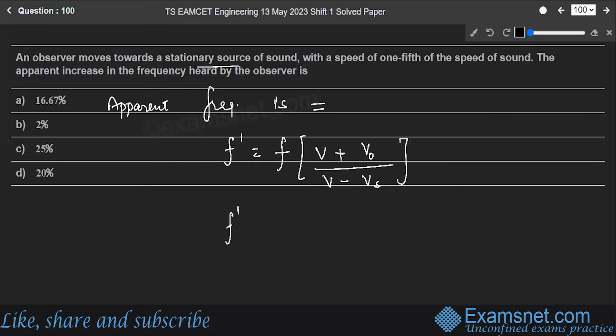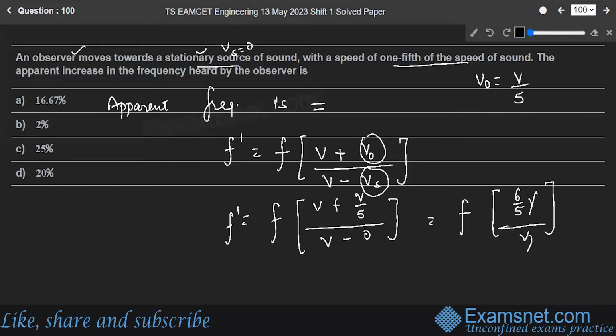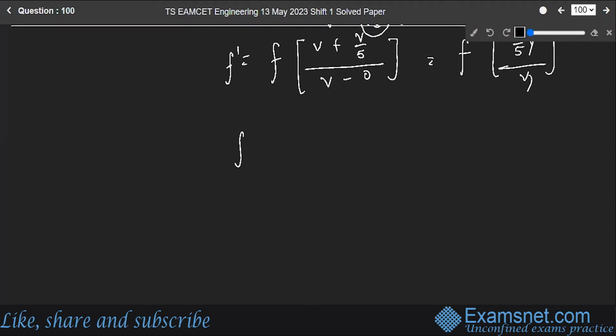So f dash is equal to f, and you are given that the speed of the observer is 1/5 of the speed of the sound. So that means VO is equal to V by 5. So this is V plus V by 5, and because it is a stationary source, that means Vs is equal to 0. Right, so this is f into 6 by 5 into V upon V. These two things cancel. That means you have f dash is equal to 6 by 5 into f naught.